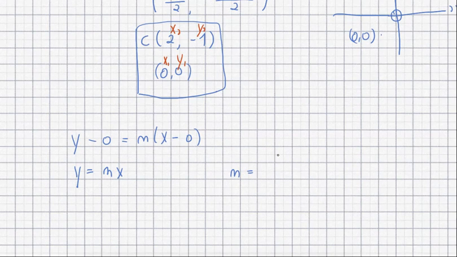M equals minus 1 minus 0, and 2 minus 0. So it's minus 1 over 2. Let's plug it in. Y equals minus 1 over 2 x.